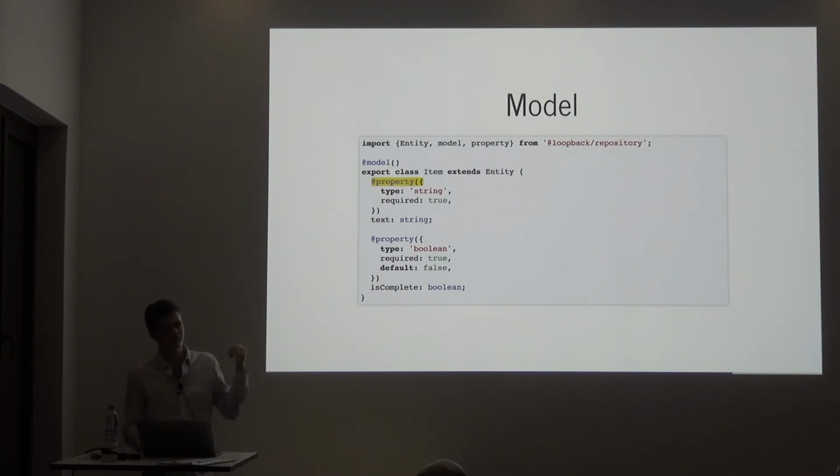This information is used by the framework itself, on the one hand for database provisioning, and on the other hand to generate the OpenAPI specs, in this case, for example, stating meta info like this is required.